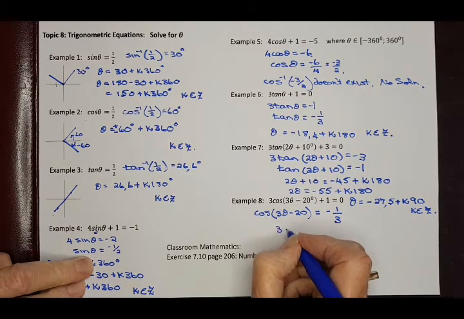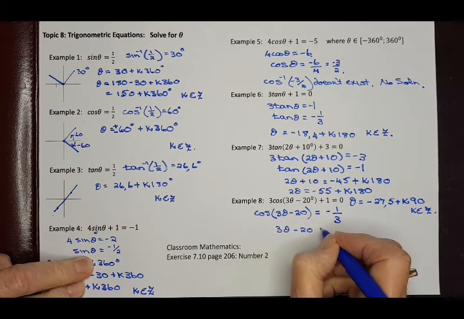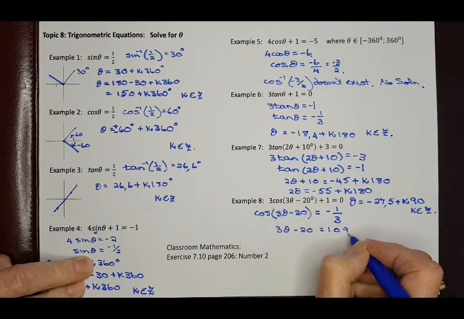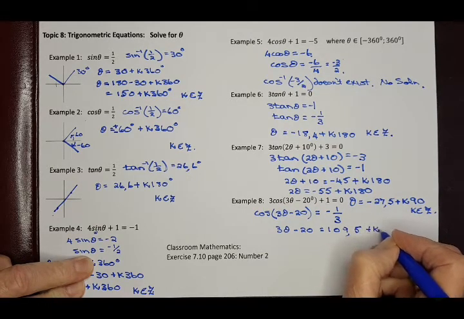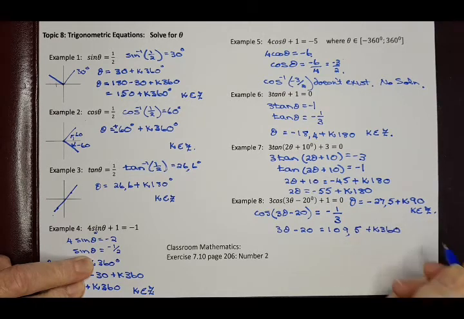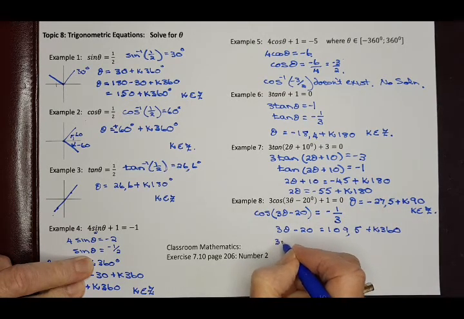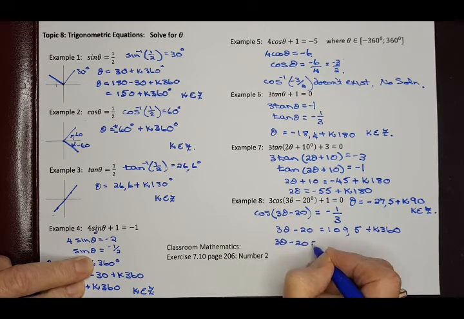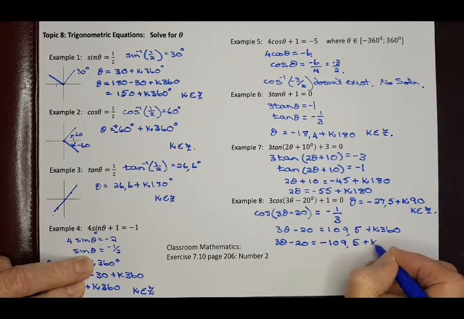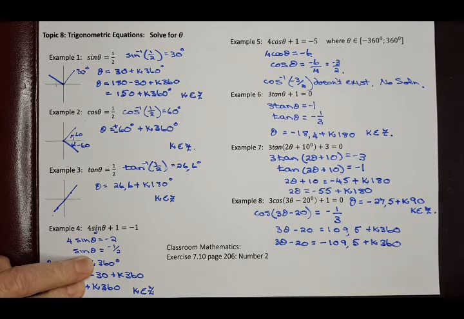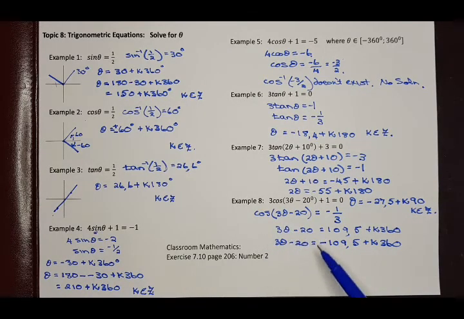So 3 theta minus 20 is equal to 109,5. That would be your arc cos plus k 360, or 3 theta minus 20 would equal minus 109,5 plus k 360. It is much better to write it down as two separate equations, because when I solve for theta, I cannot do it with a plus minus in front of that 109,5.